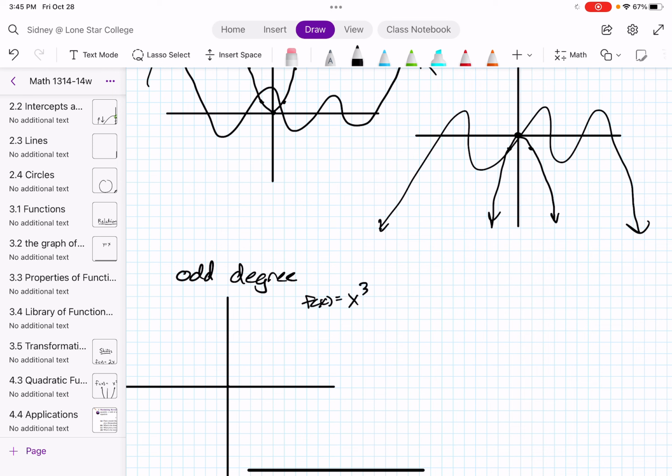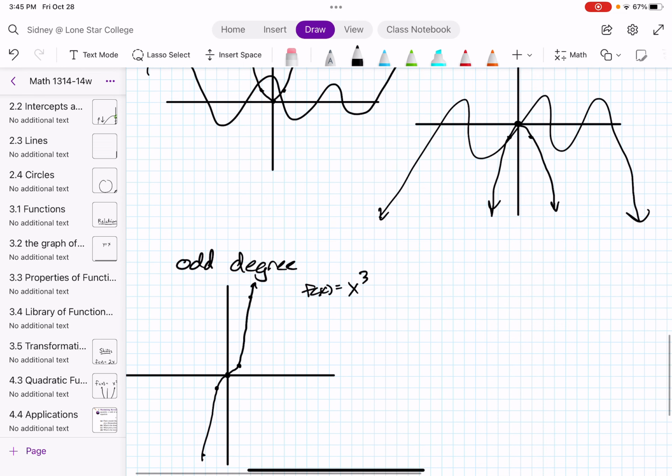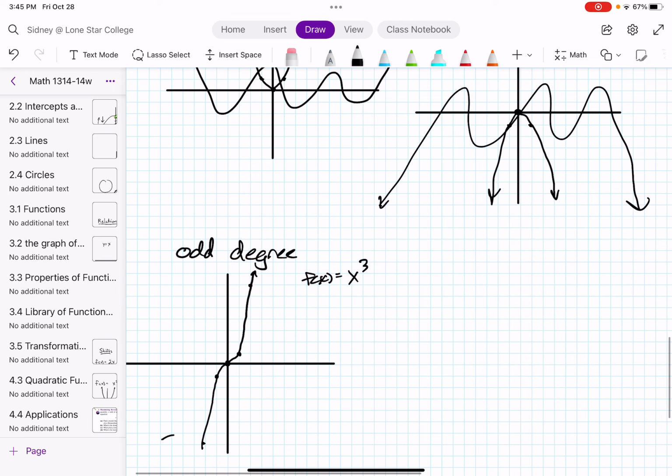If I make a plotting of points real quick, it'll look something like this. It starts down from left to right, flattens out a little bit, and then skyrockets up. So it starts down and it ends up. And that's going to be true for all odd degree functions.